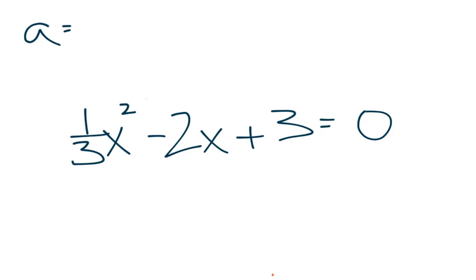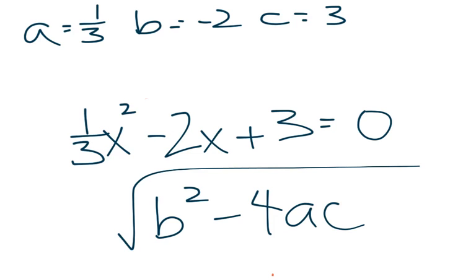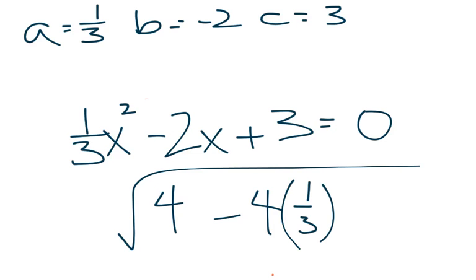So A is 1/3, B is negative 2, and C is 3. So negative 2 times negative 2 is going to be a positive 4. A times C, well, A is 1/3, and C is 3.